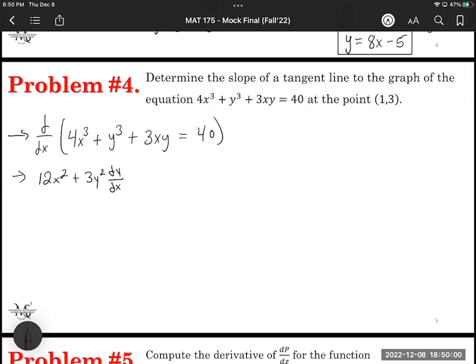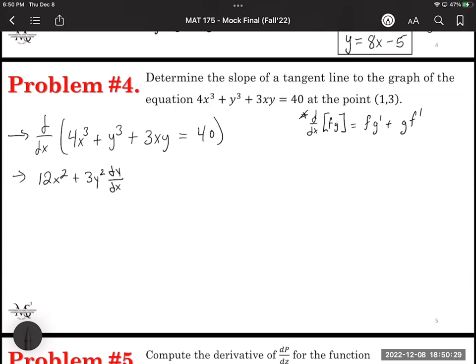Okay, good. Now, if I want the derivative of 3xy, what derivative rule is required there? The product rule. Mm-hmm. It's a product. So just another recall moment here. If I want to find the derivative with respect to x of f times g, this is the same thing as saying f times g prime plus g times f prime.